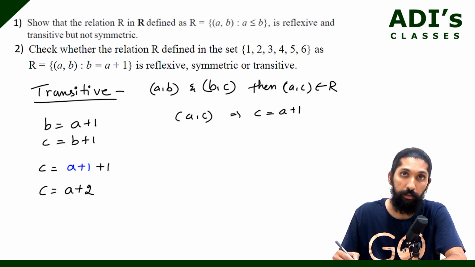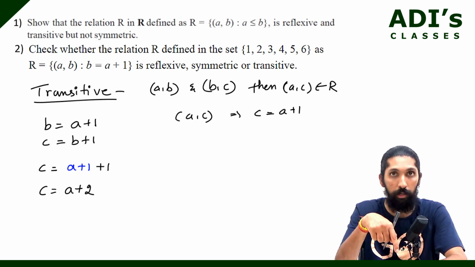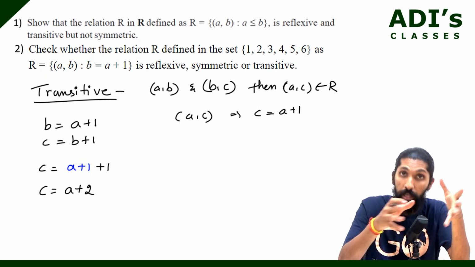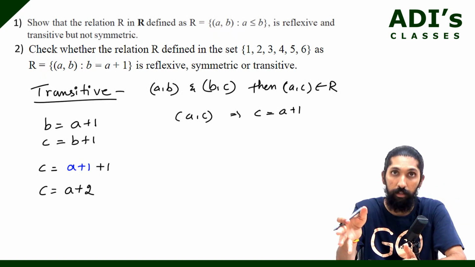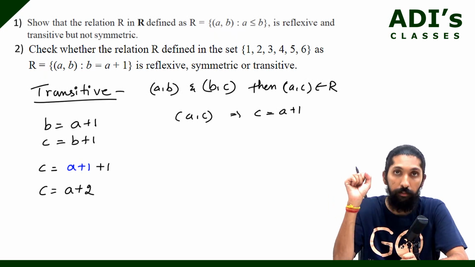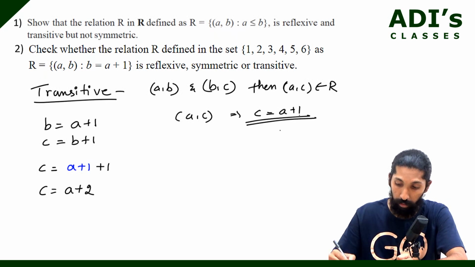Correct? That means (a, b) belongs to R. (b, c) belongs to R. But does (a, c) belong to R? No, right? Because if that was a part of the relation R, then we would have got c is equal to a plus 1.